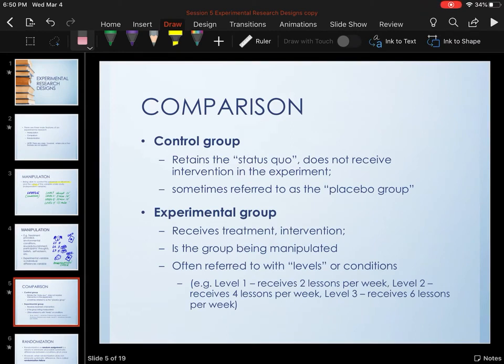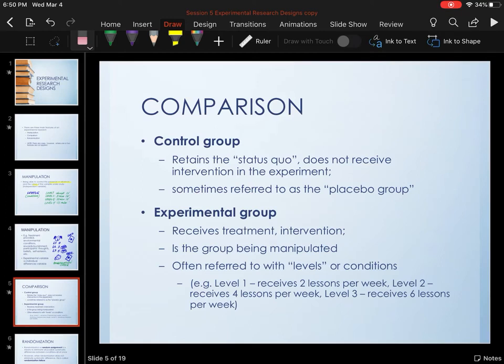So take note, it's not the people we're manipulating, actually, it's the independent variable that we wish to study in that particular group. Now, the experimental group is often referred to with levels or conditions.